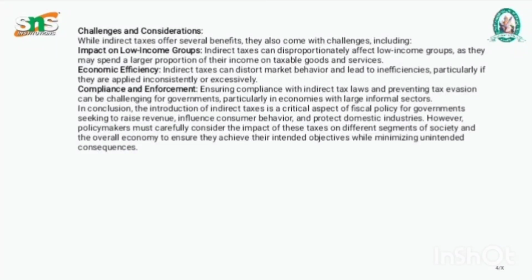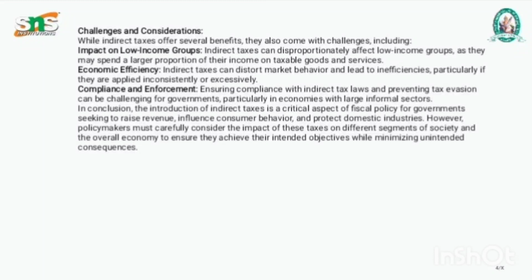First one is impact on low income groups. Indirect tax can disproportionately affect low income groups, as they may spend a large proportion of their income on taxed goods and services. Next one is economic efficiency.